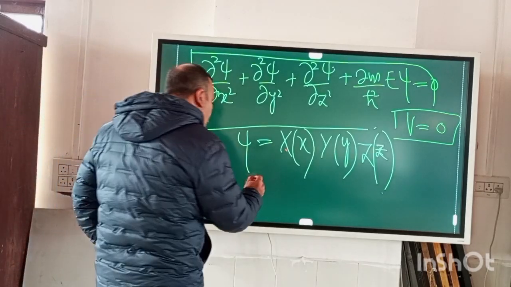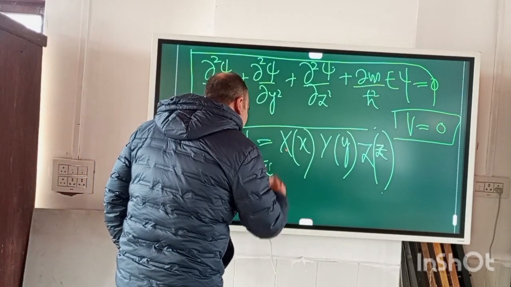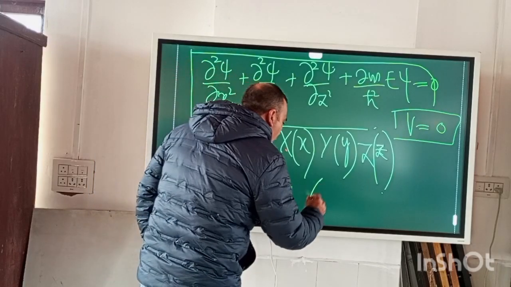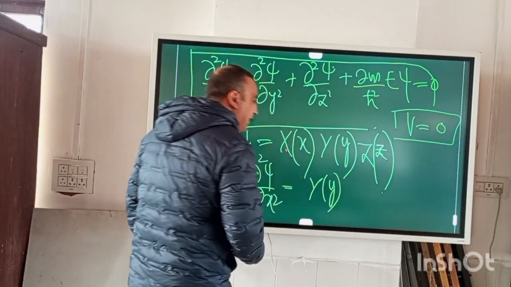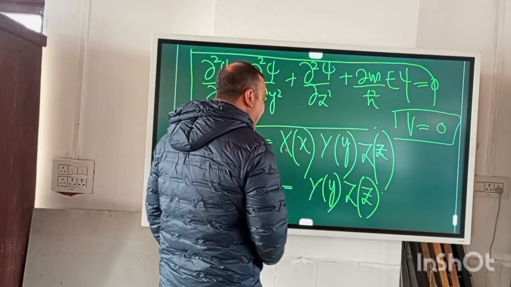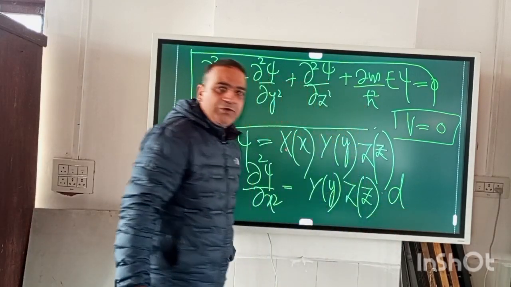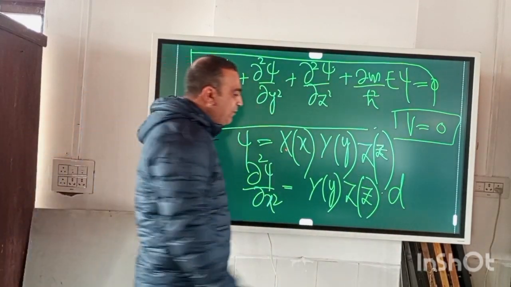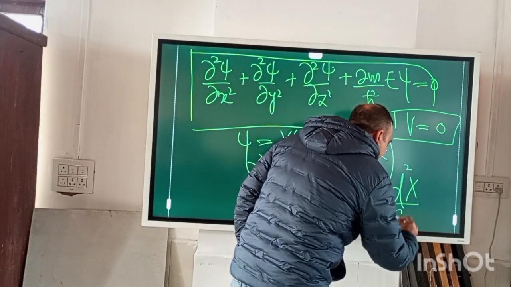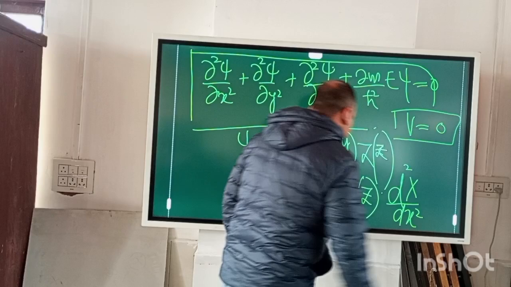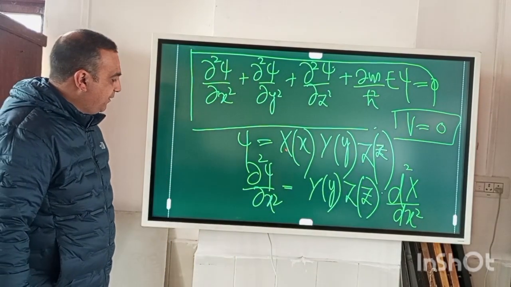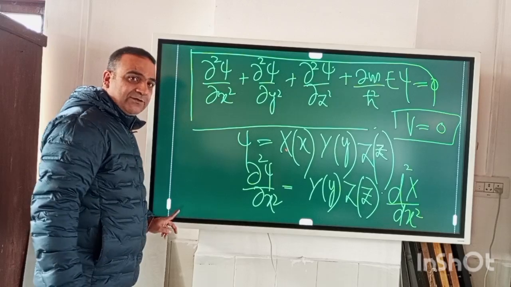What will be ∂²ψ/∂x²? That will be Y(y) Z(z) and d²X/dx². Now I will not use the partial derivative, right? I will use the total derivative. Clear? Okay, fine. So I can move on.